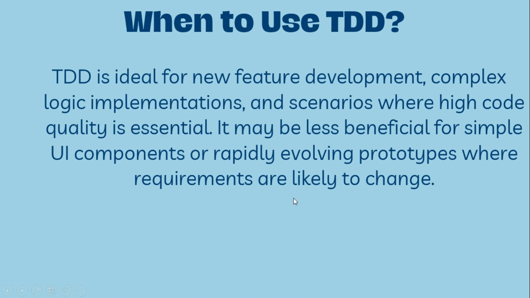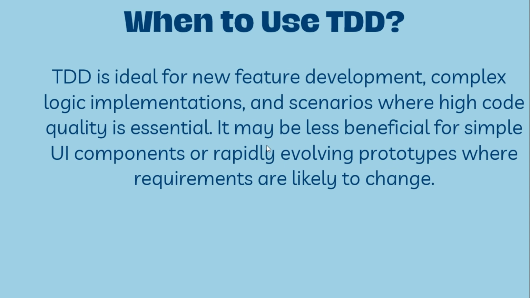Let's understand when to use TDD. So basically, TDD is ideal for new feature development and complex logic implementation. For example, this discount percent calculation was also one kind of complex logic. It might depend on different kinds of users, regions, or products. It's a very simple scenario which we have addressed here.